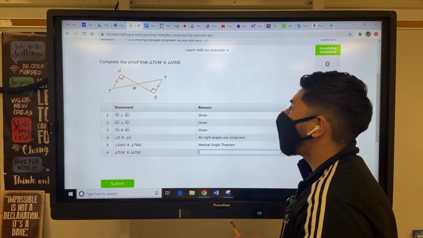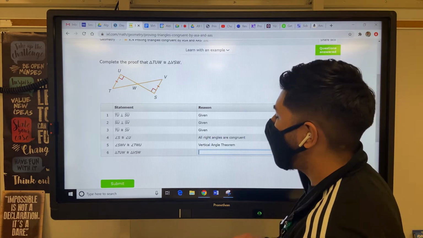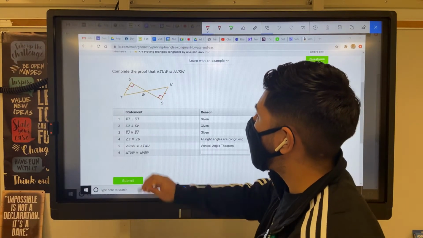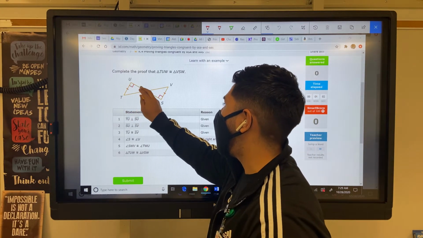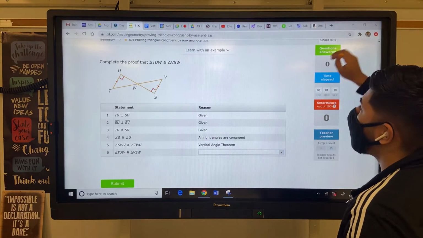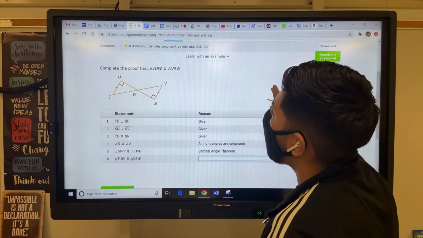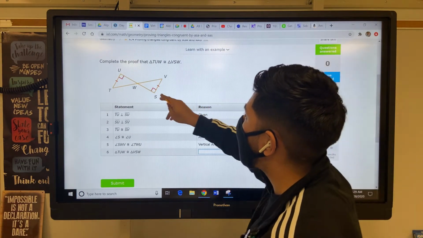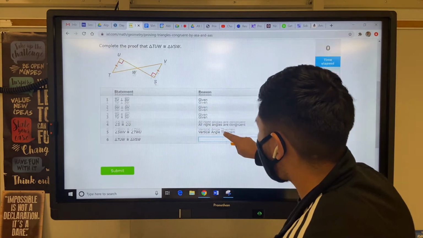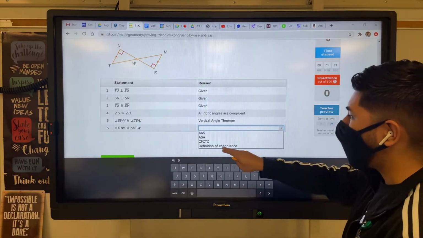So they're basically saying this side, the angle, and this angle are the same on both triangles. So what does that fall under? If we have two angles next to each other, that look like it's angle, angle, side. Pretty basic.